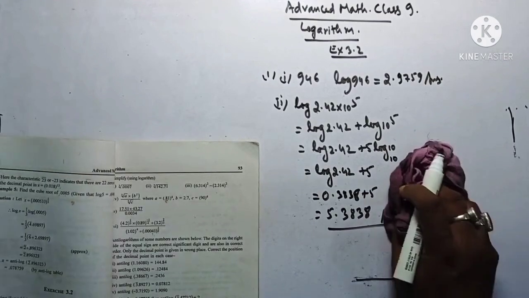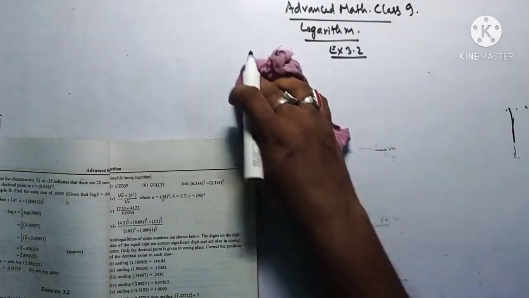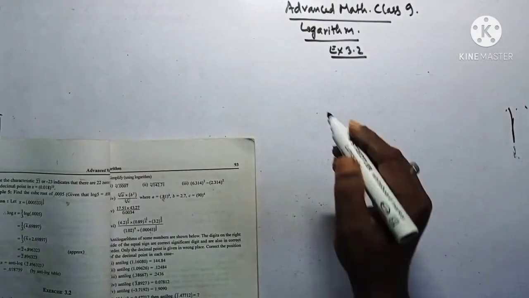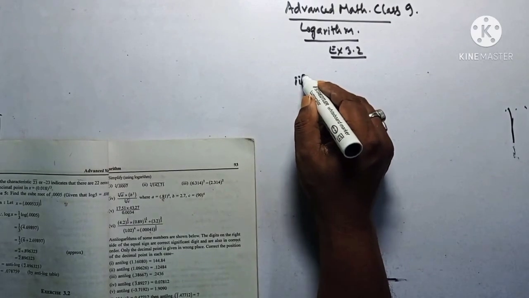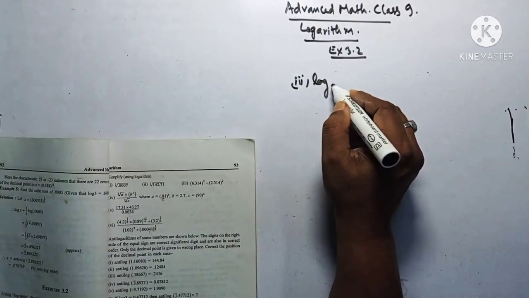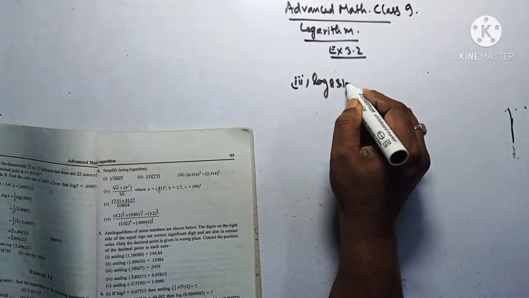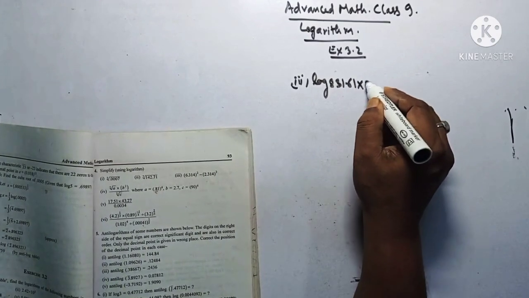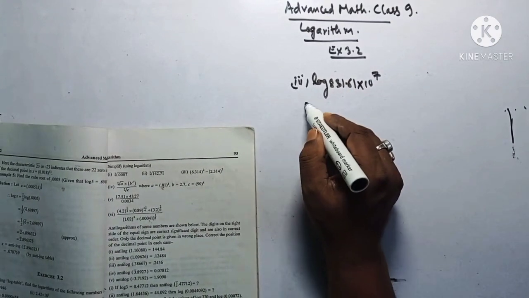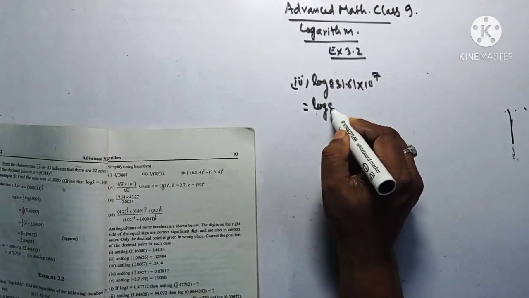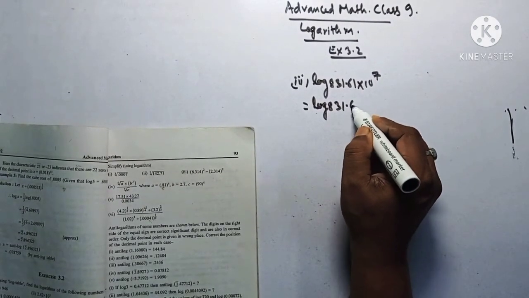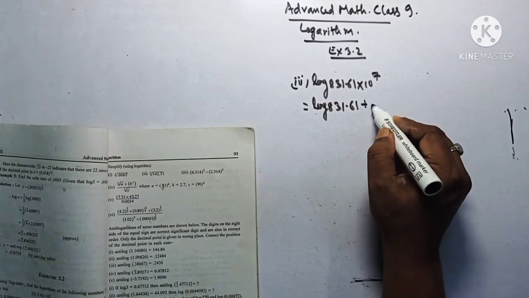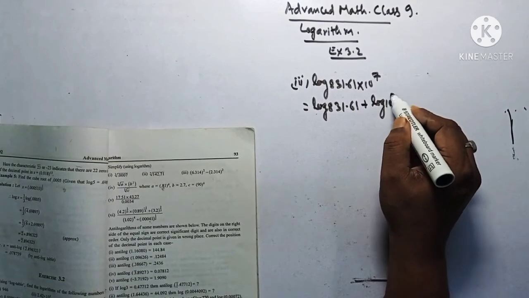Now I am going to question number 3. Here again, log of 831.61 into 10 to the power of 7. So here again log 831.61 plus log 10 to the power of 7.